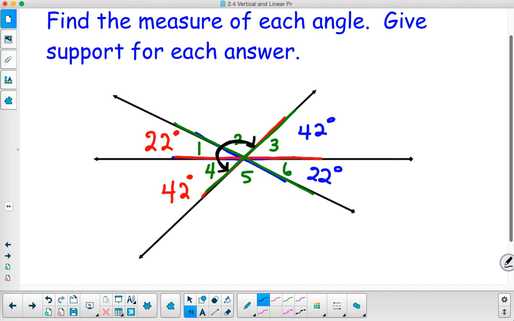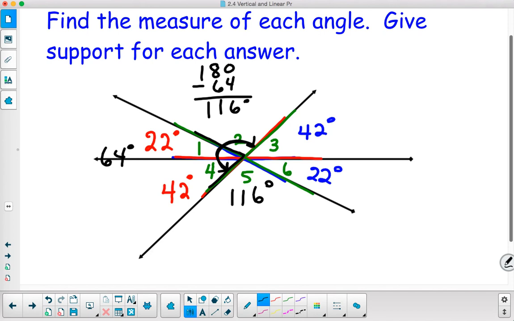If we would pair 1 and 2 together, or 1 and 4 together, that's a total of 64 degrees. That angle and angle 2 would be a linear pair. So to get angle 2, 180 minus 64, 116 for angle 2. The same would be true for angle 5.